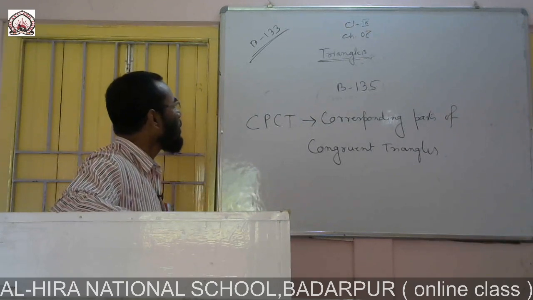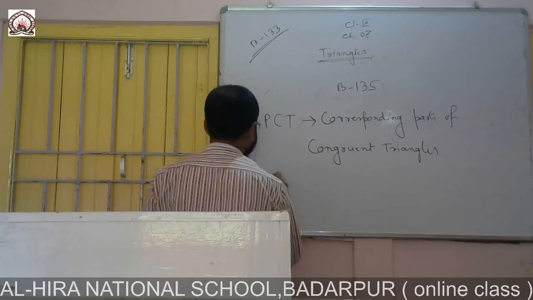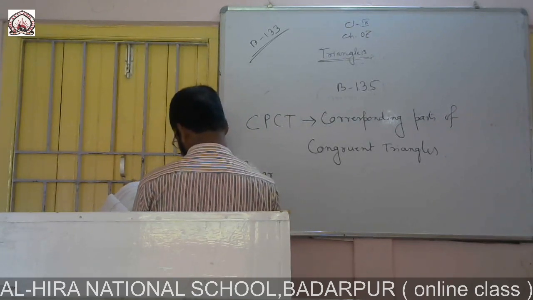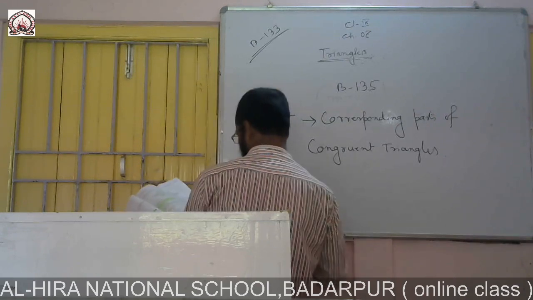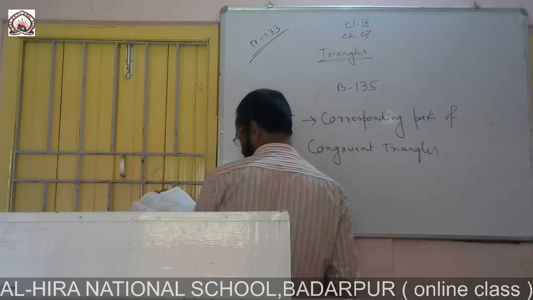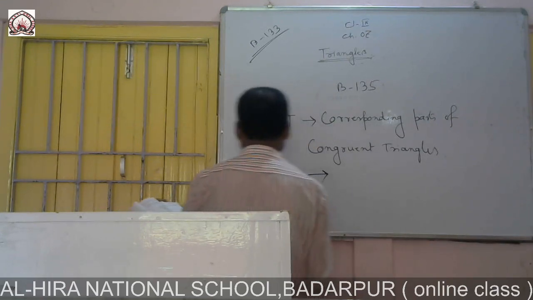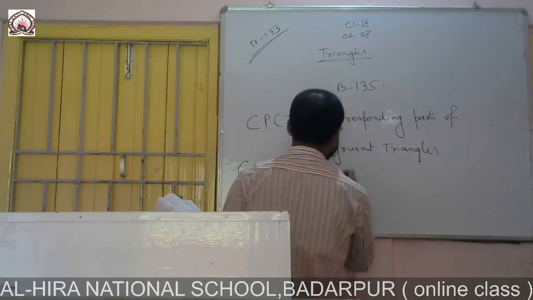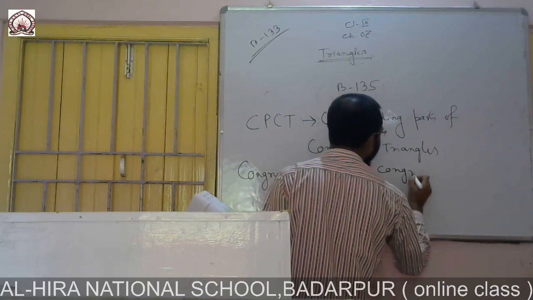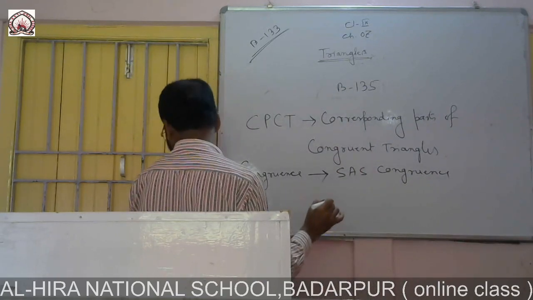There are 4 properties of congruence. First one is side angle side congruence.